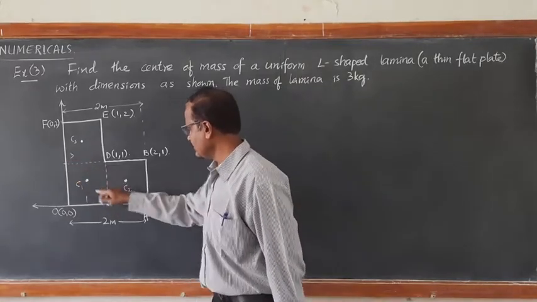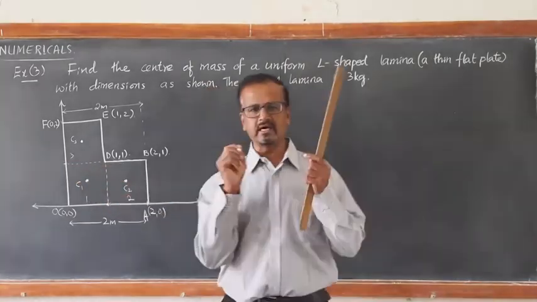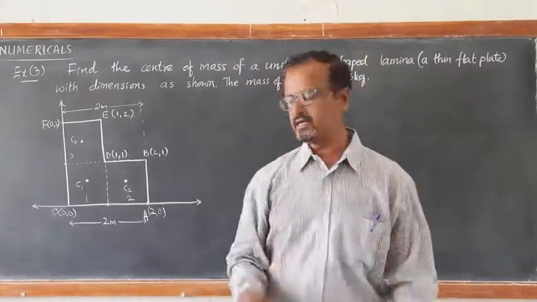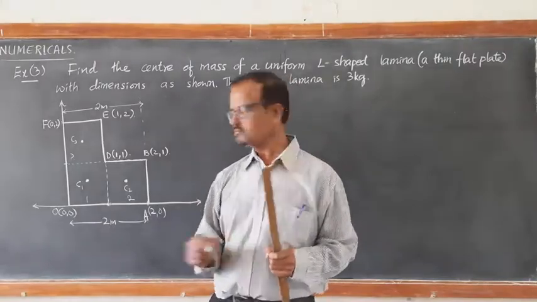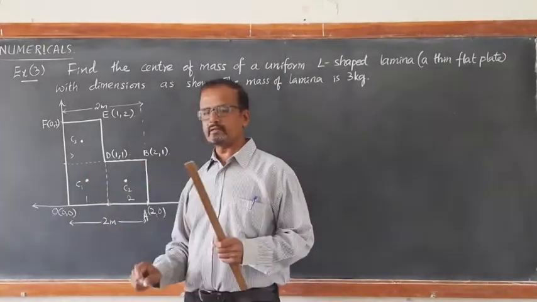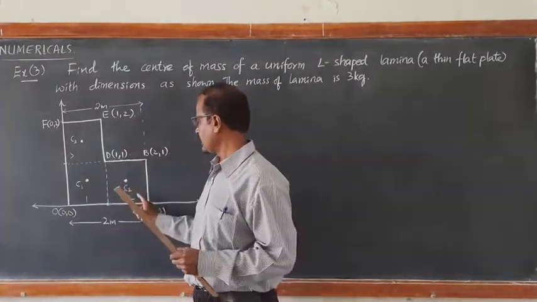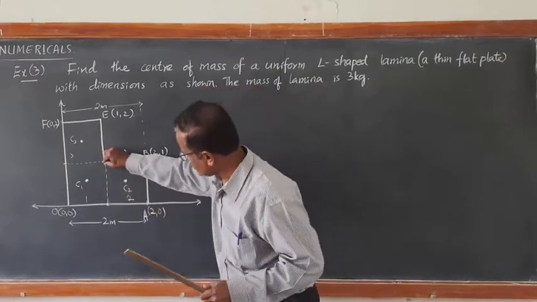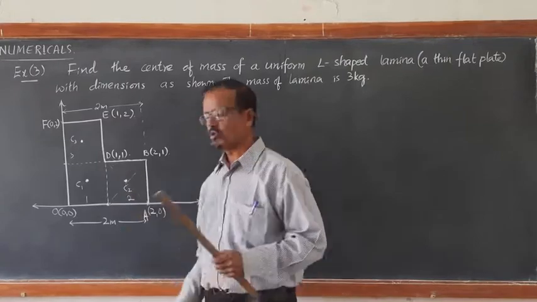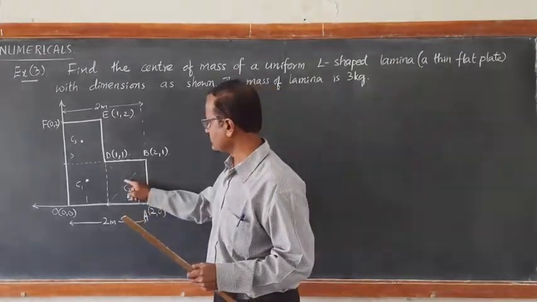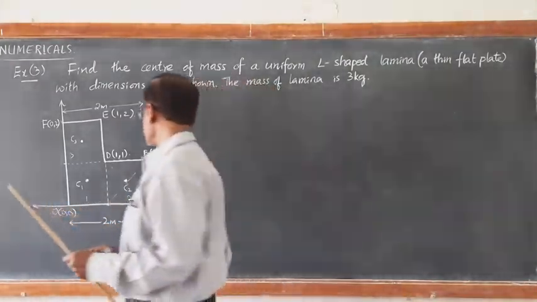If you join the diagonals, the point of concurrence of the diagonals of the square gives us the geometrical center of the square. So that gives us C1. And again, in the same manner, if you join the diagonals, the point of concurrence of those diagonals gives us the center of mass C2.